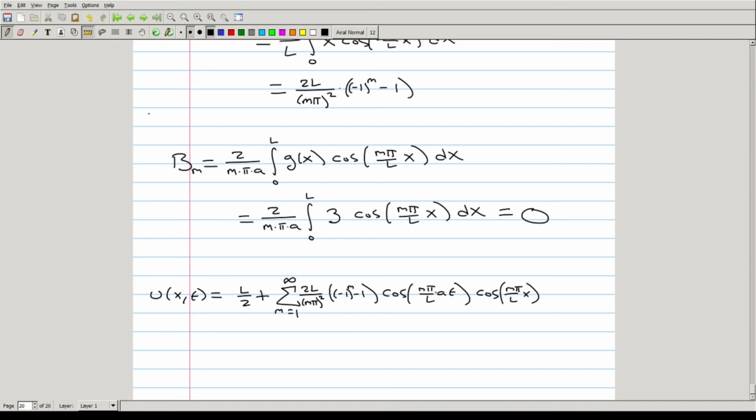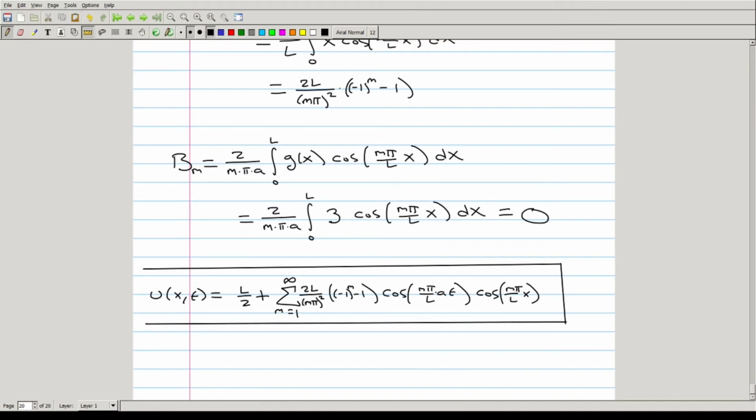And there you have it. This is the general solution to the 1D wave equation for these specific initial conditions.